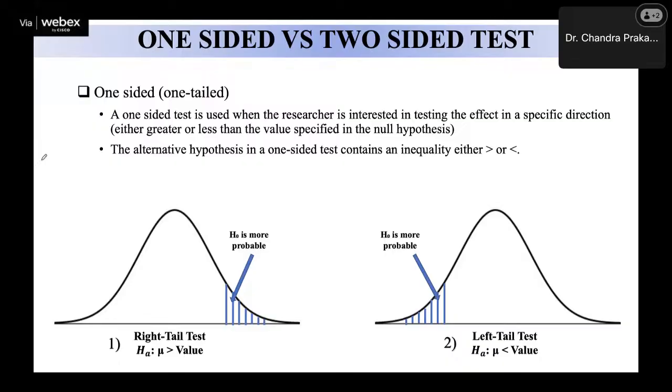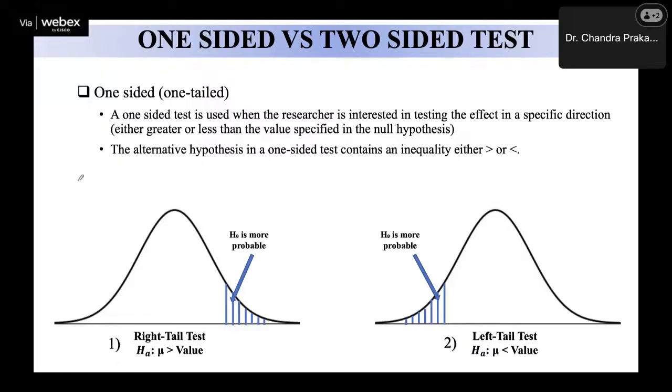As I told you, we have a one-tailed or one-sided test as well. A one-sided test is used when the researcher is interested in testing the effect in a specific direction, either greater than or less than.